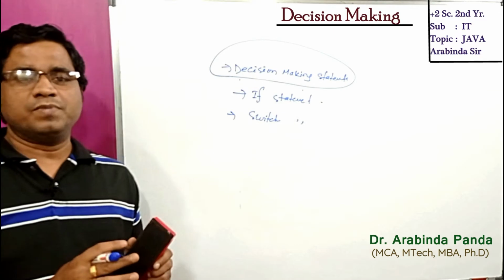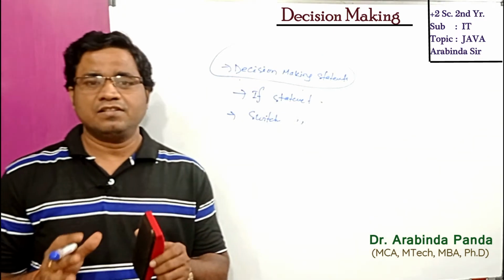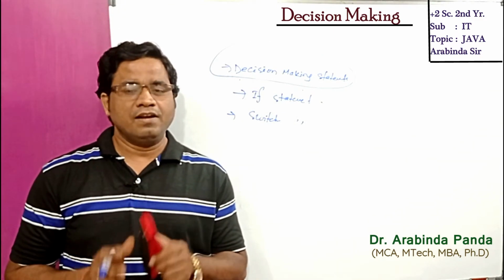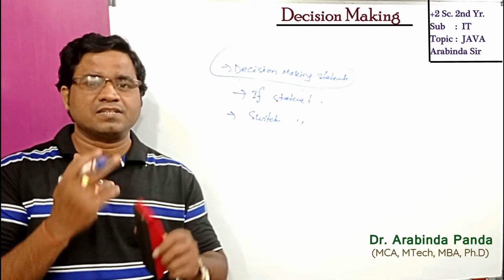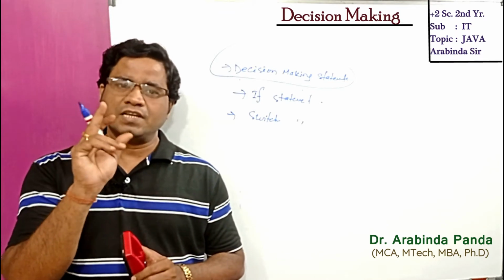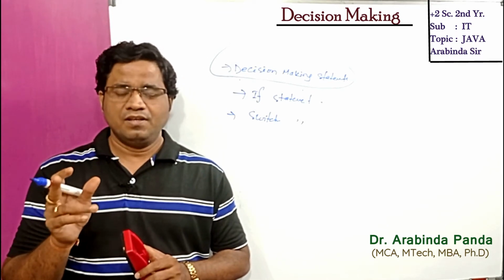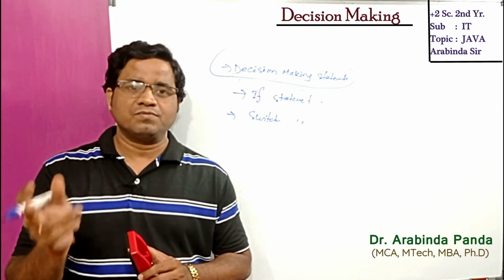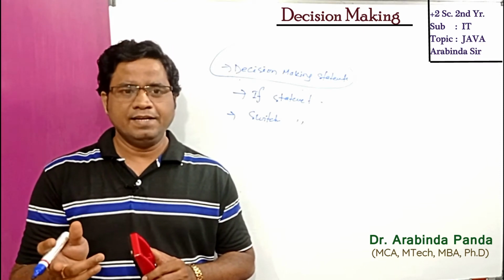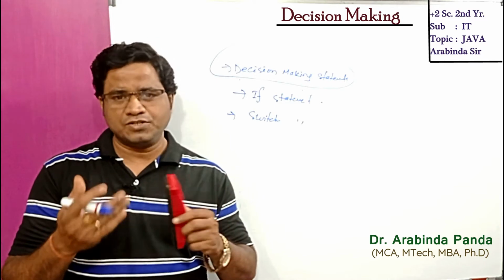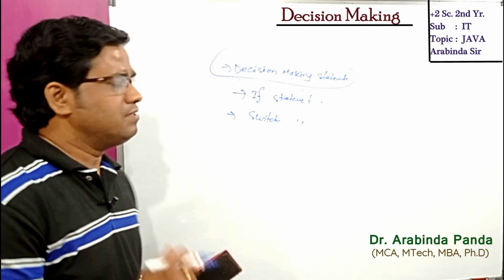These two statements are available in Java, and this decision making depends on the Boolean expression, that is either true or false. True means 1 and false means 0, right. So, how the statements are executed, let us discuss.